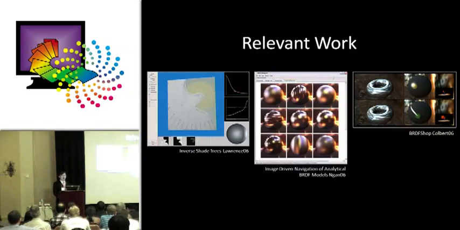As for material design interfaces, Lawrence created an interesting tool for designing spatially varying BRDFs by manipulating BRDF data plots. And Nagan approached BRDF selection using a variations or navigation approach.